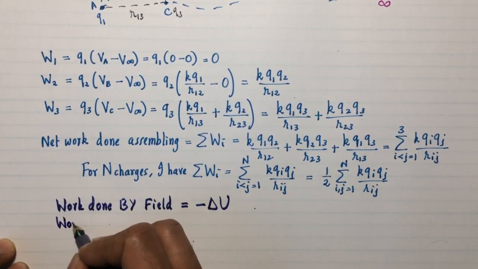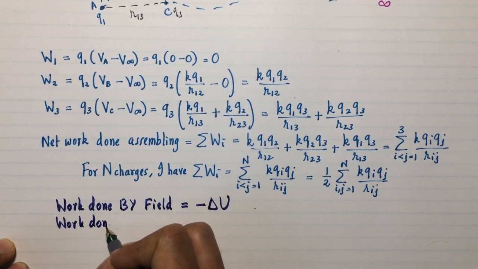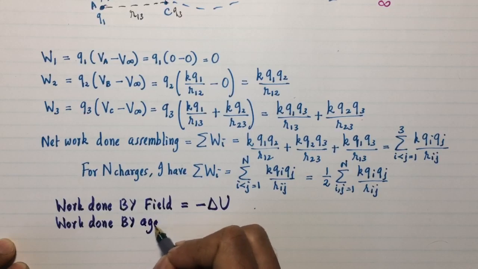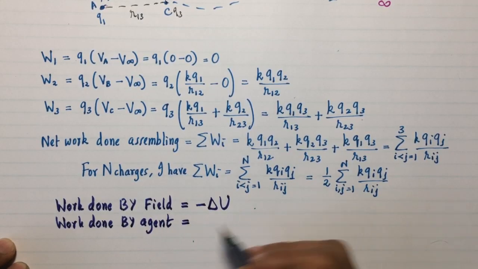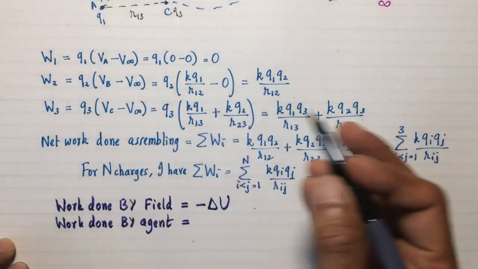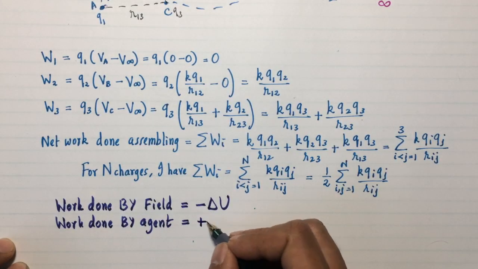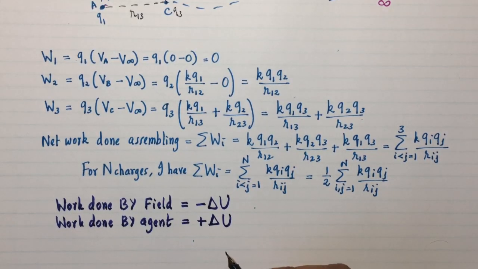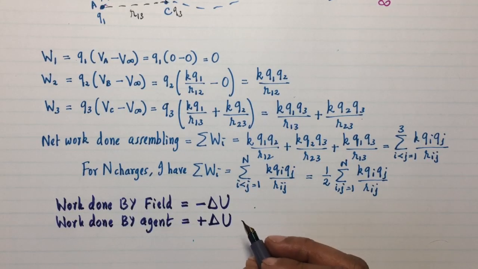But the work done by the agent, that is in this case me, I'm the one who is playing God, bringing the charges from infinity, is going to be plus delta U. So whatever I do increases the potential energy because I'm working against the field.